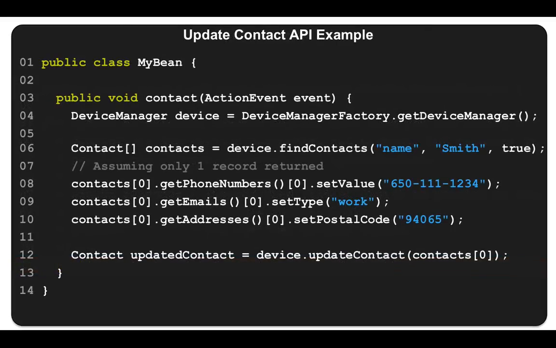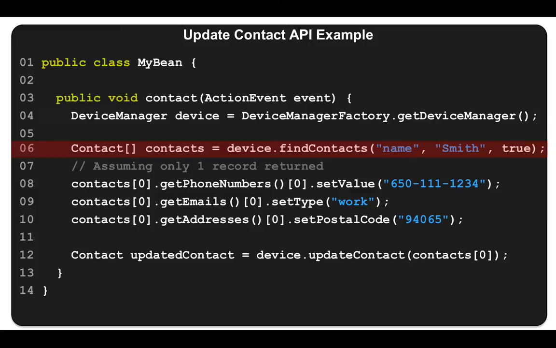So again, we've got the bean here and the Contact Action Listener where we've got the Device Manager object. The first thing we're doing on line 6 is searching for Smith in this particular example, and we're searching the name fields. Now, the third parameter here is true, so we might retrieve a number of contacts back, an array of contacts where the name Smith is available.